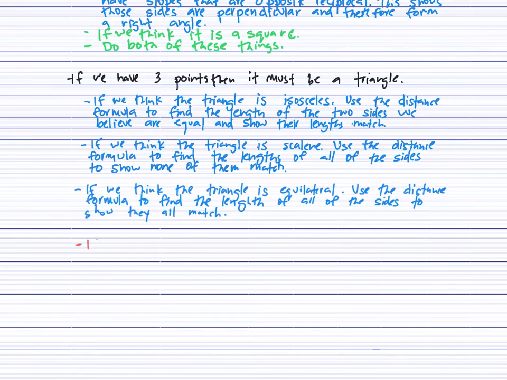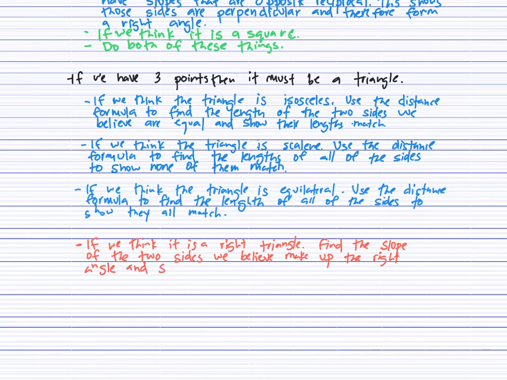So if we think it is a right triangle, find the slope of the two sides we believe make up the right angle and show these slopes are opposite reciprocal.